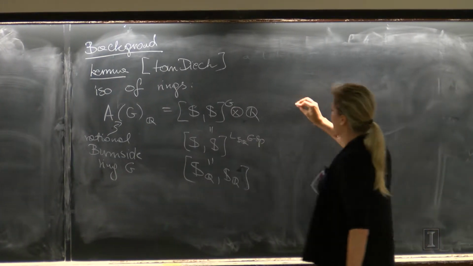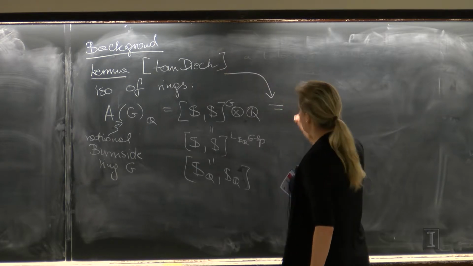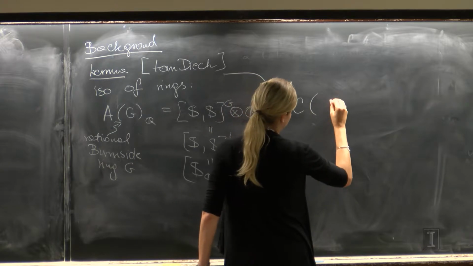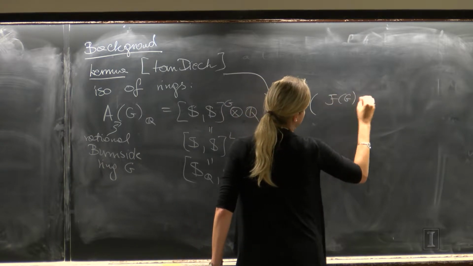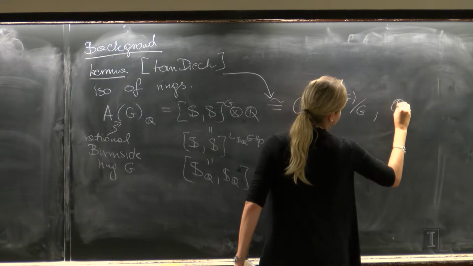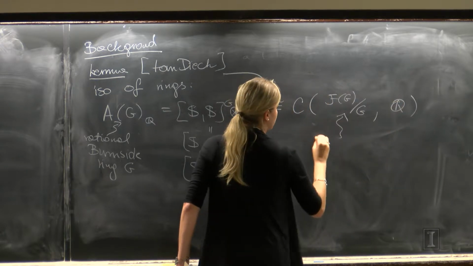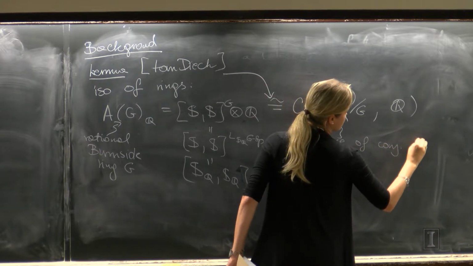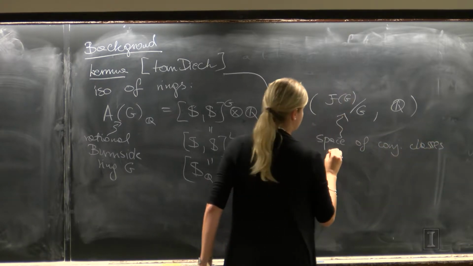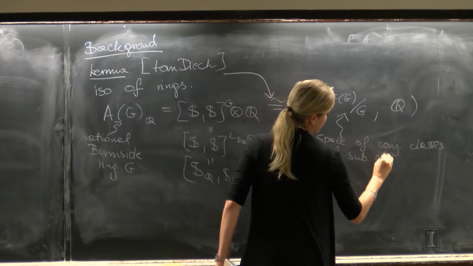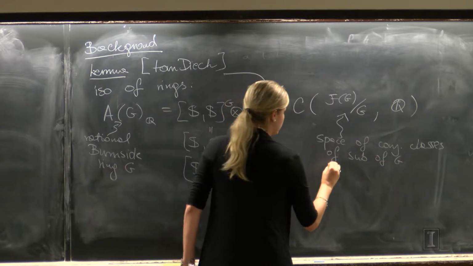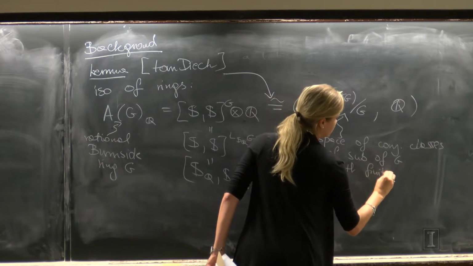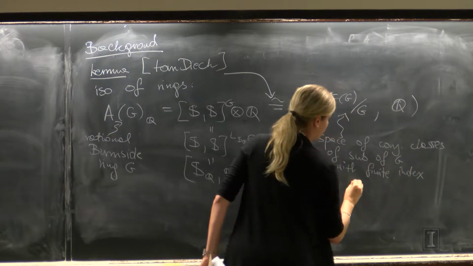So the lemma says that you have an isomorphism with the ring of continuous functions from the space of conjugacy classes of subgroups of G, but not all subgroups, such that they have finite index in their normalizer.